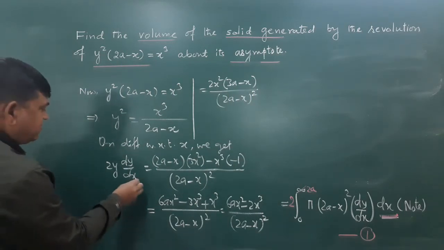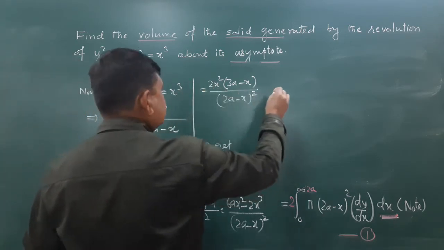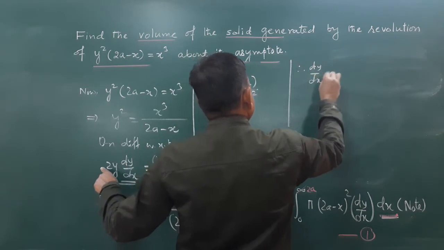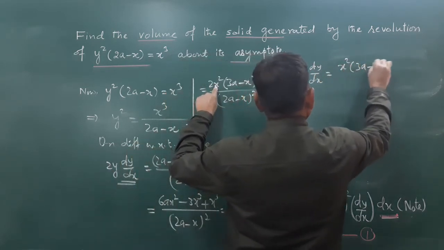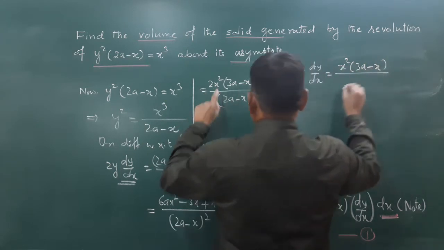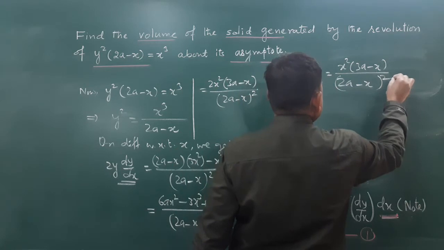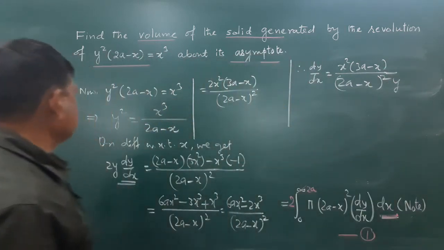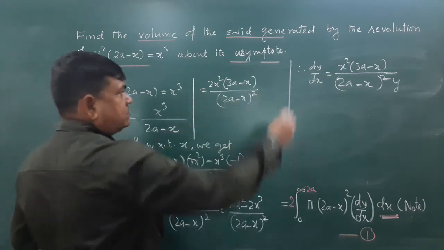This is dy by dx. The 2y, so this 2 and this 2 are cancelled out, so therefore dy by dx equals x square into (3a minus x) upon (2a minus x) whole square into y. 2 and this 2 are cancelled out. So it is this one.